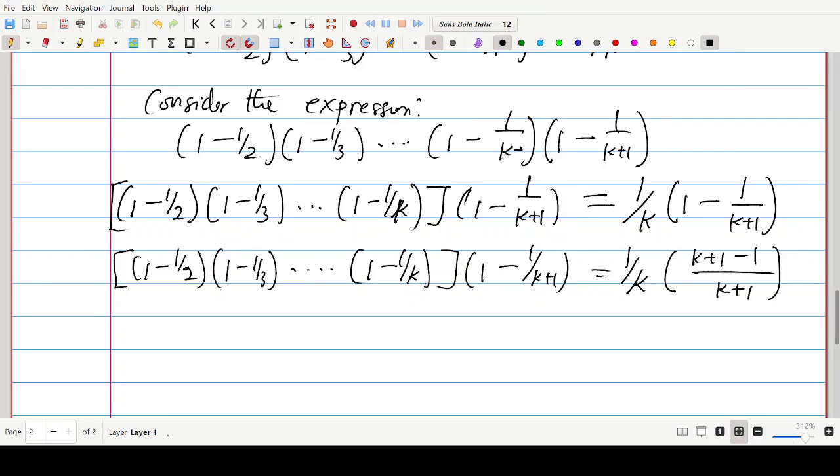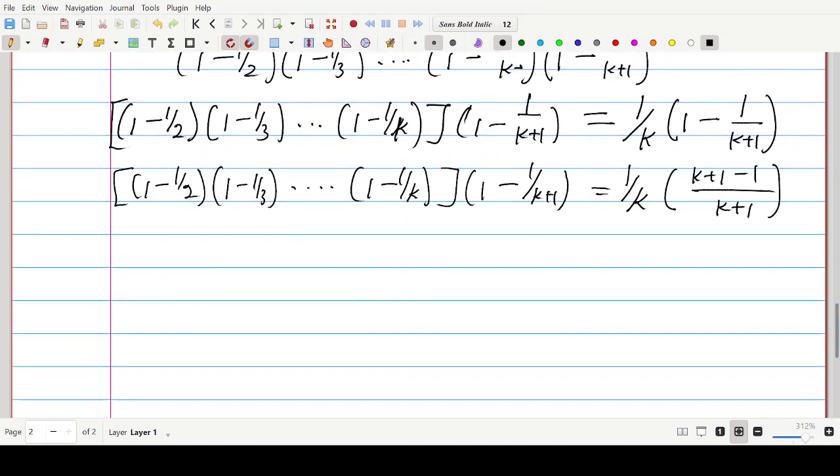This is just simple manipulation of fractions. Can you see that? Then the plus 1 and minus 1 cancel out, we are left with k. We also cancel out the k. So as a result we have 1 over k plus 1, which was the assertion, the proposition, but this time around, it is a proposition for k plus 1.